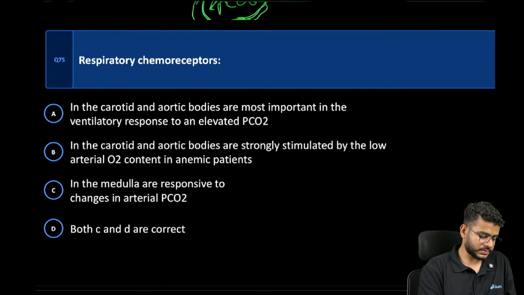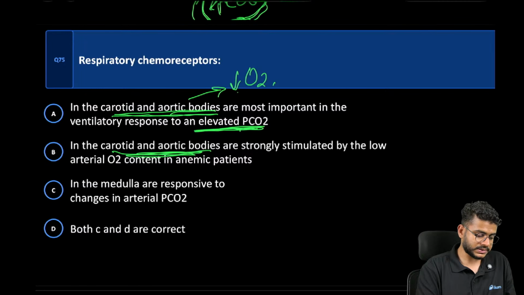Respiratory chemoreceptors, we just discussed it. Okay, let's see the options. In the carotid and aortic bodies, most important ventilatory response to elevated PCO2? No, the peripheral chemoreceptors are most important in the ventilatory response to decreased O2. Okay, in the carotid and aortic bodies, the peripheral chemoreceptors are strongly stimulated by low oxygen content in anemic patients?